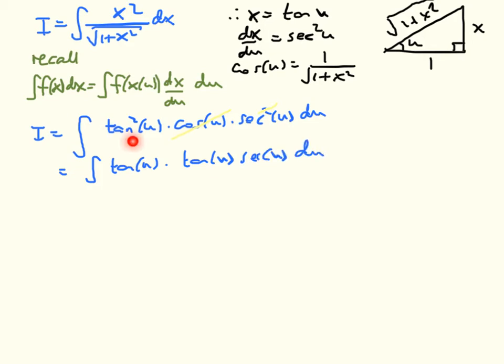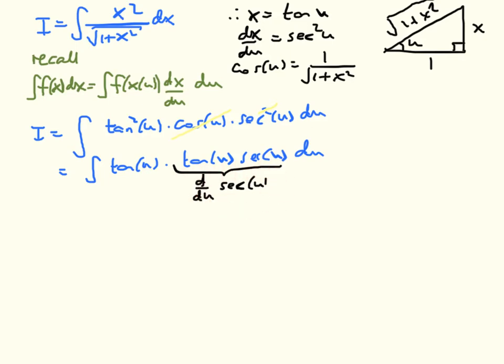So all I've done is factorise this, and the reason is that this product here is the derivative of the secant function. So this is something which we can write as a total derivative, so it's easy to integrate.